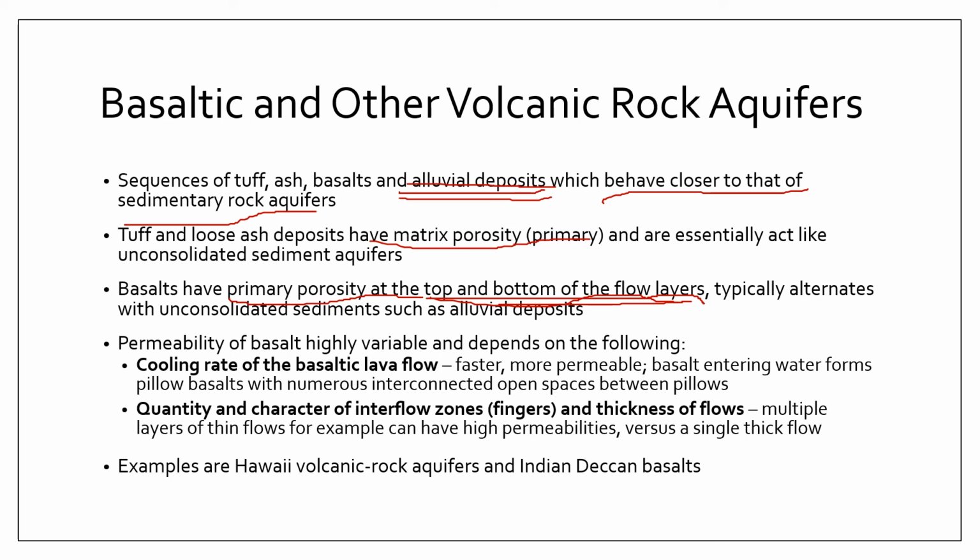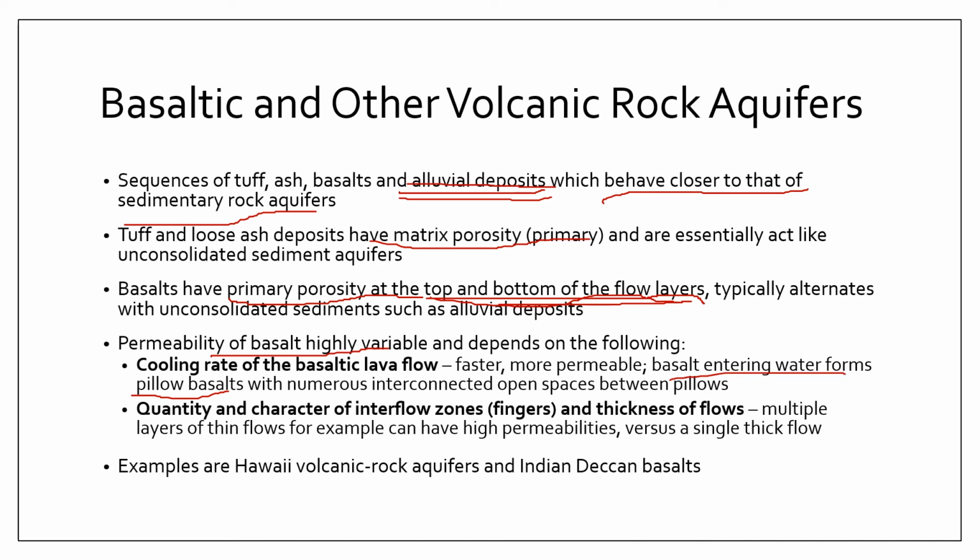And also note that the permeability of your basalt is just highly dependent on how it was formed. All right, if you have basalt that was rapidly cooled, as in the case of pillow basalts. So pillow basalts are lava that entered water.